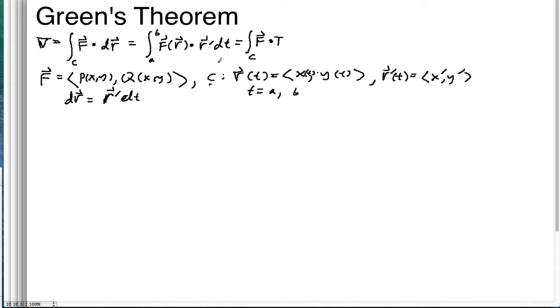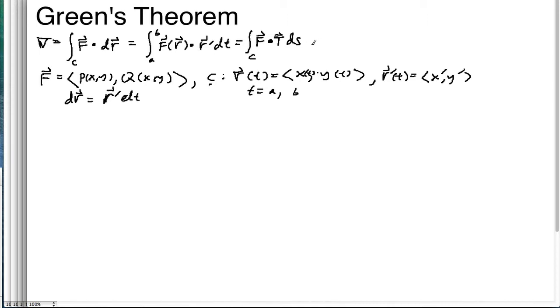And this is just a recasting again. There is the tangent vector, and it's a unit vector. And we talk about basically the dot product between the direction we're heading and the force field that we're working against, times the small little length distance, and that clearly expresses the fact that this is work that we're doing.